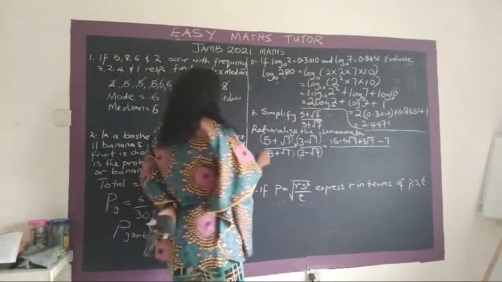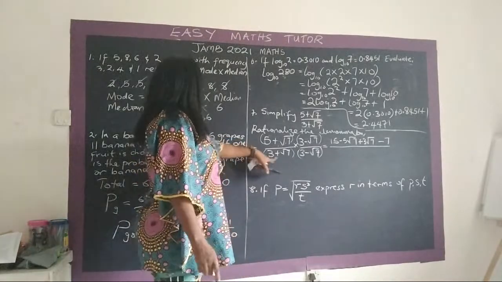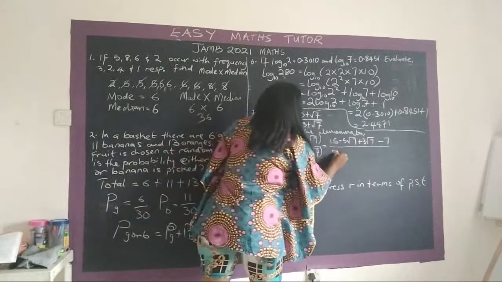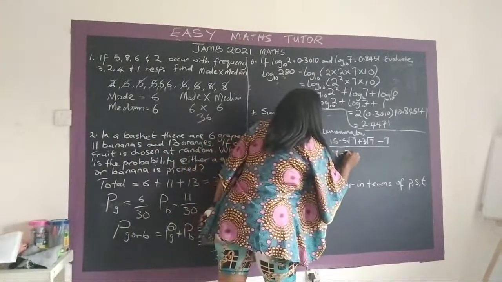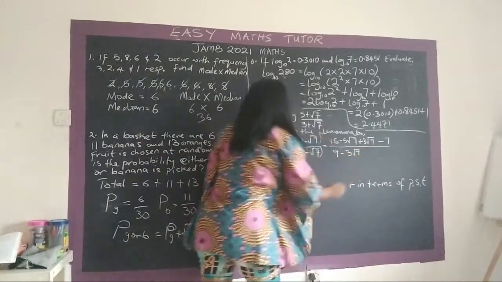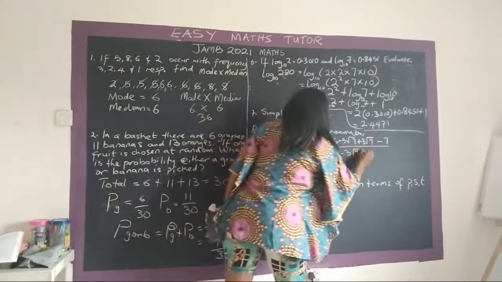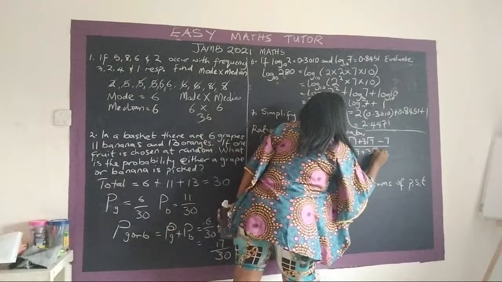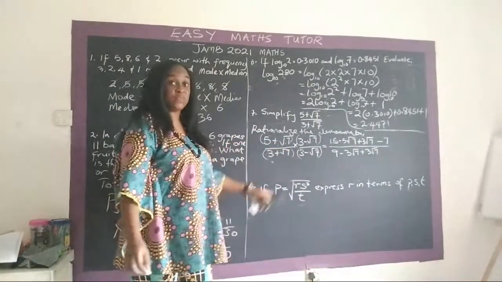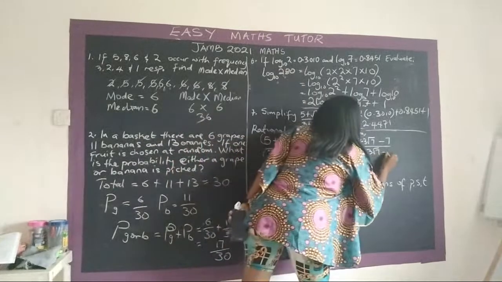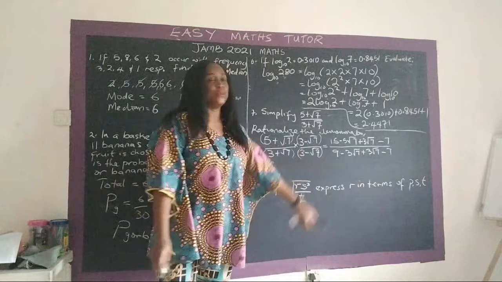Now let's multiply the denominator. 3 times 3 will give us 9. 3 times minus root 7 will give us minus 3 root 7. Plus root 7 times 3 will give us plus 3 root 7. Plus root 7 times minus root 7 will give us minus 7. Are we good?